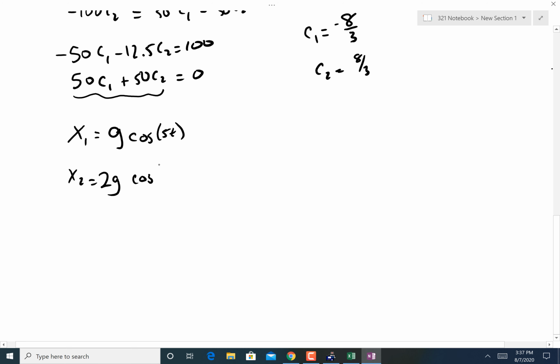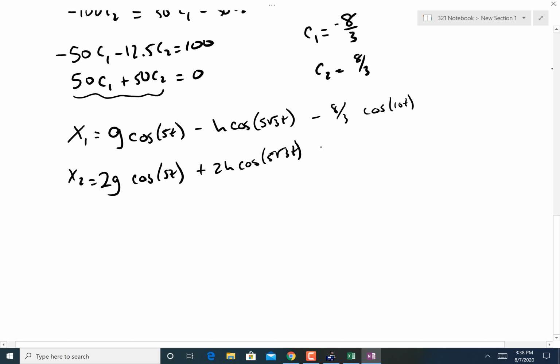The next one is minus H cosine of 5 root 3t, and plus 2H cosine 5 root 3t. And then minus 8/3 cosine 10t plus 8/3 cosine 10t.